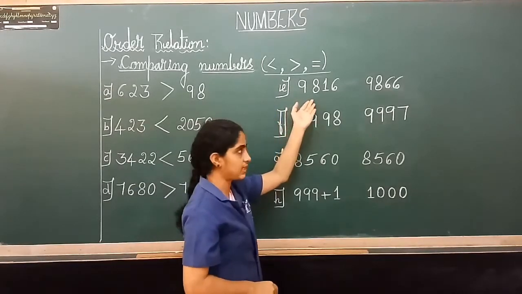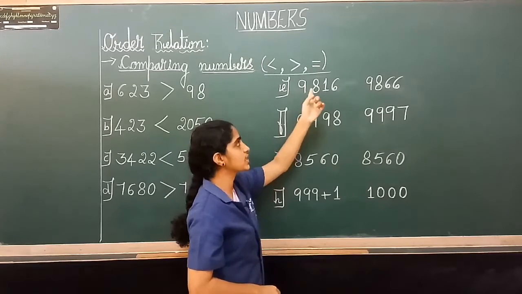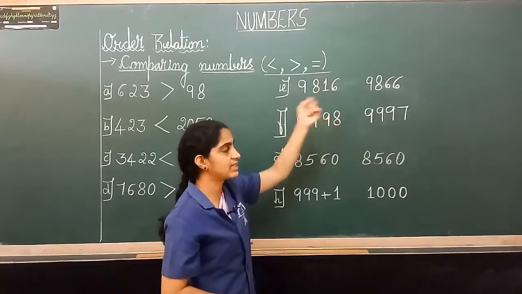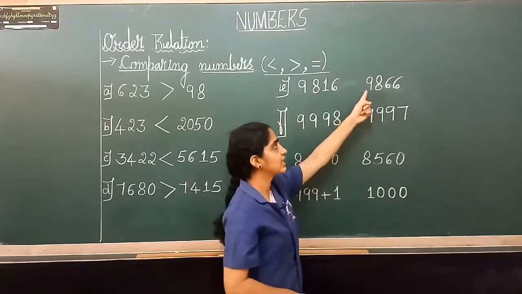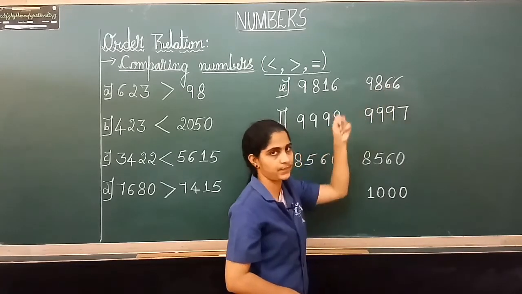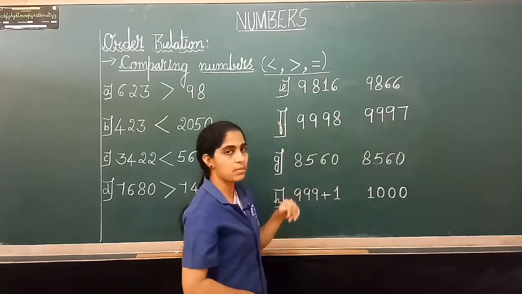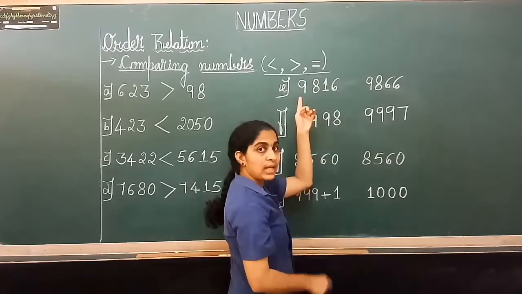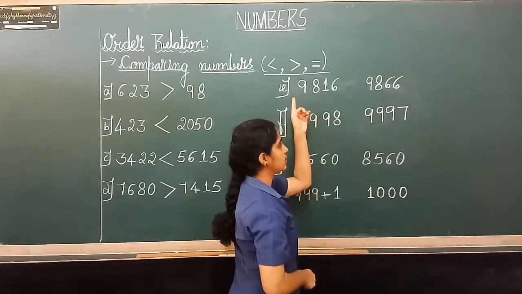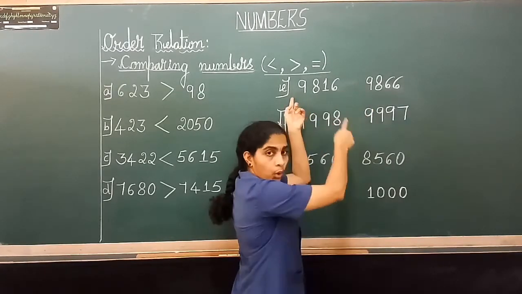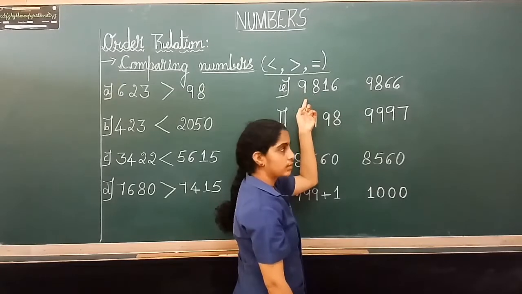Here you can see the number 9816. On the other side, we have 9866. Both the numbers are 4-digit numbers, correct? So, let us compare the first digits. If we see the first digits, both are equal.